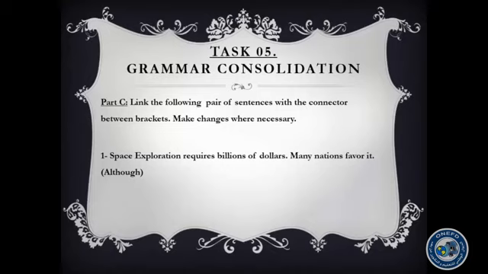So feel free to pause the video and do the exercises on your own or with your friend. So let's take a look at the answers.